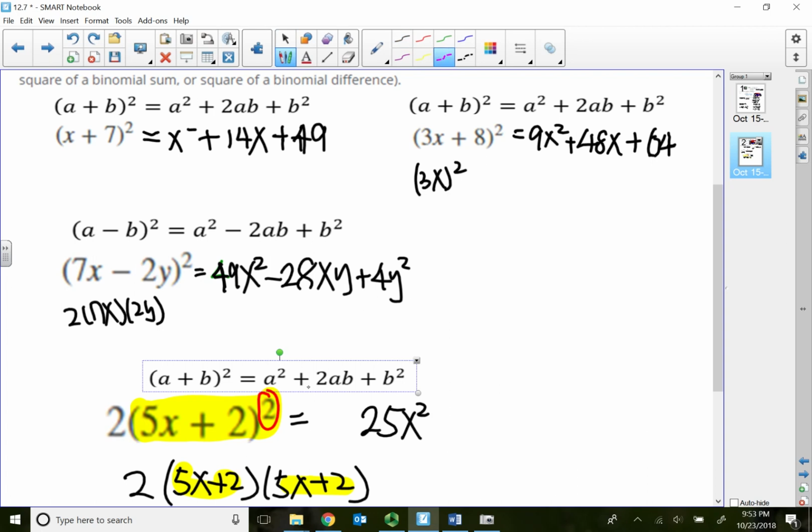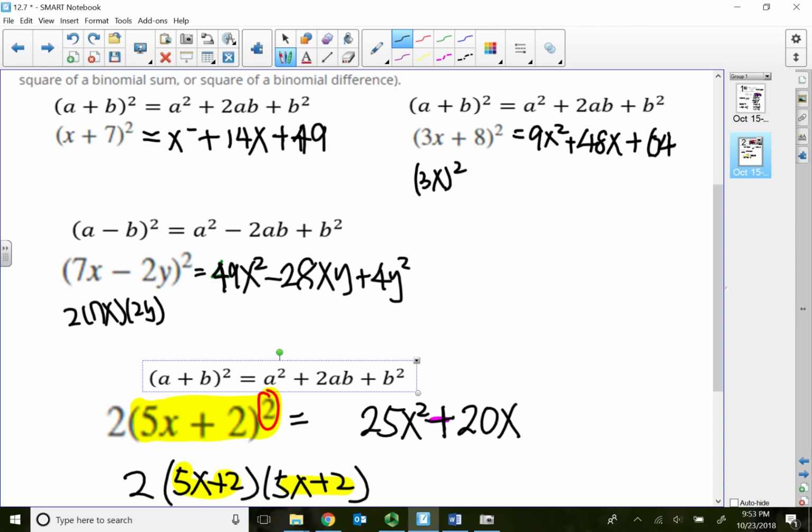Purposely leave a little space right there. All right. Formula says plus 2ab. So I say plus 2 times my A times my B. 2 times 5x times 2. 2 times 5 is 10. All right, 10x times 2. 10 times 2 is 20. So that will be 20x.